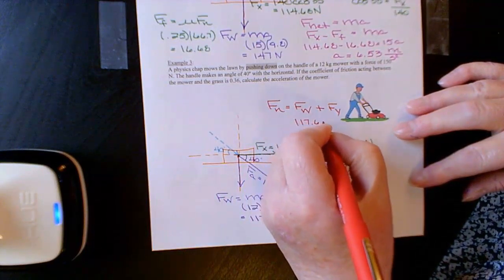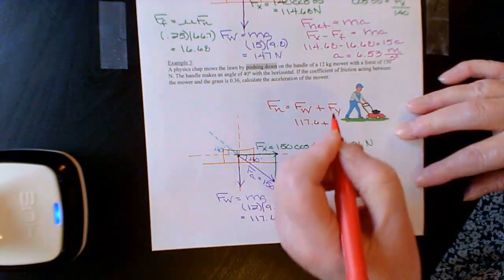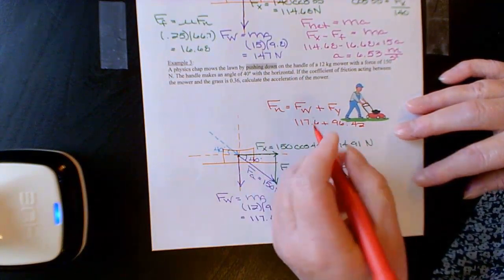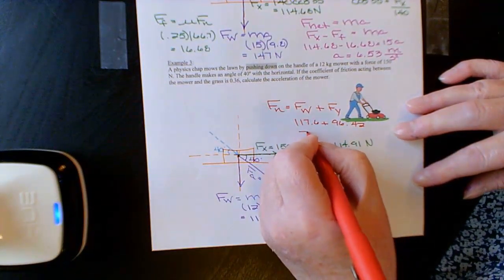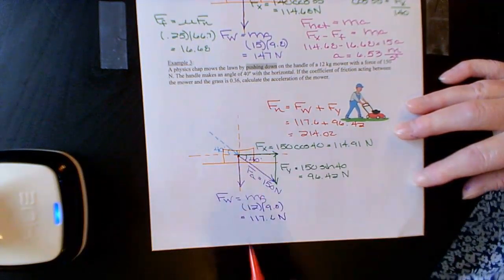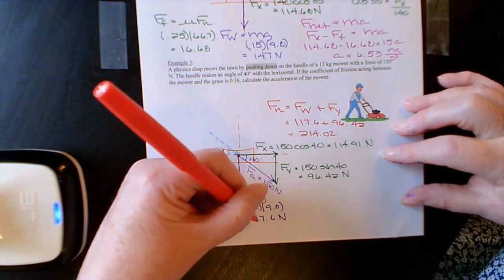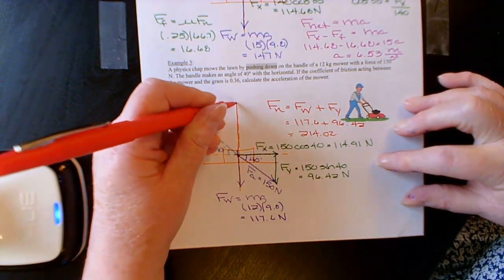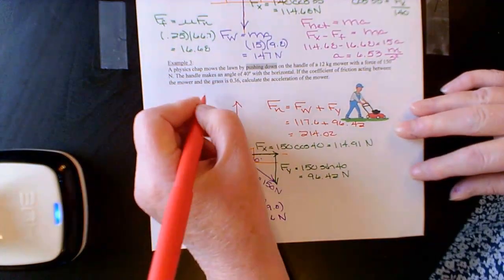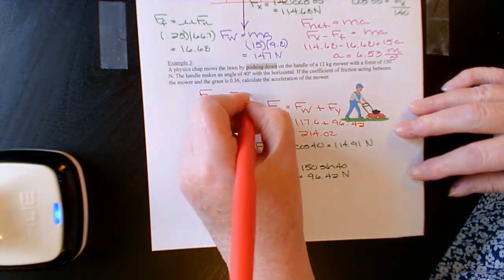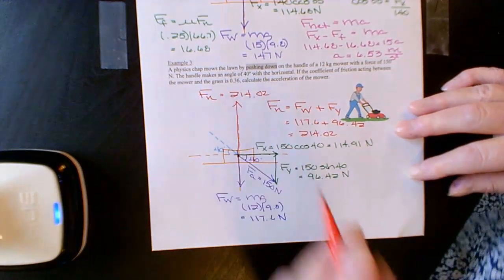So I have 117.6 plus 96.42, and that adds up to 214.02. So if this is 117, this is going to be a pretty long arrow there. So Fn is 214.02.